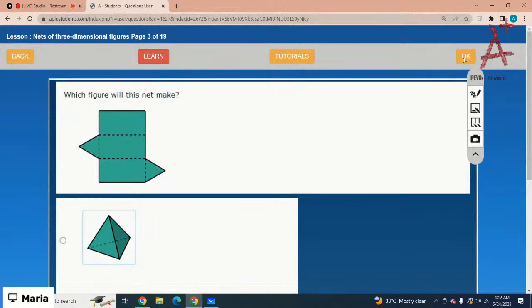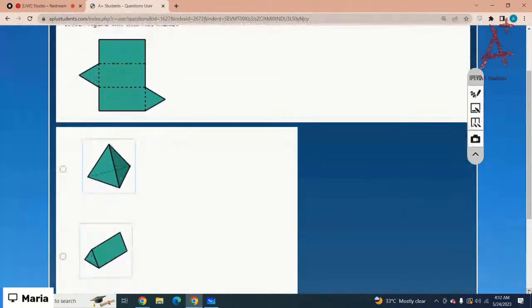Okay, which figure will this net make? So which is the correct option? One or two? Yes, the second one. It will make the second one.